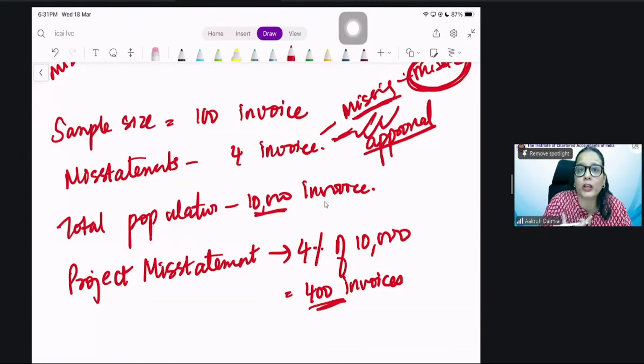How many of you feel it's a very big number that 400 are expected or projected to have misstatements? Kashish says me. Who else?